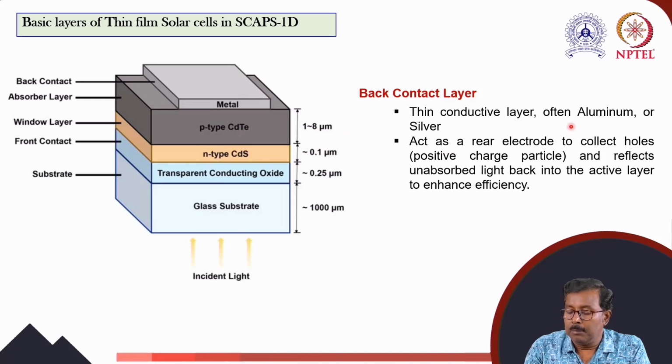So a thin conductive layer of aluminum or silver is used. It acts as a rear electrode to collect holes, positive charges in principle, and reflects unabsorbed light back into the active layer to enhance the efficiency. That means the back contact layer may be a full area layer. This acts as a backside electrode to collect the holes in a p absorber layer.